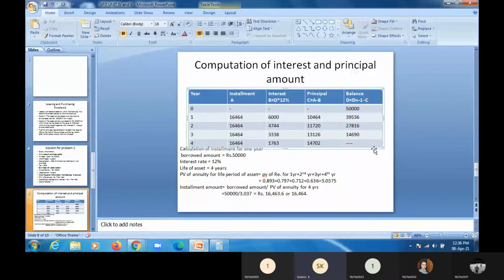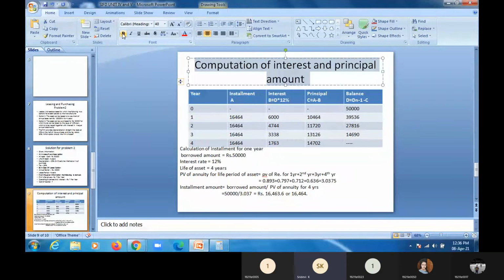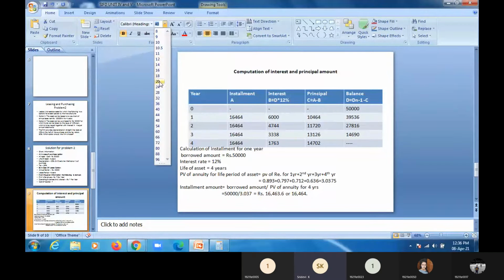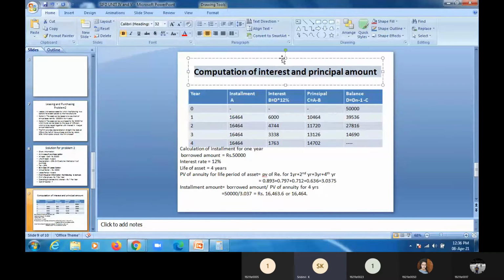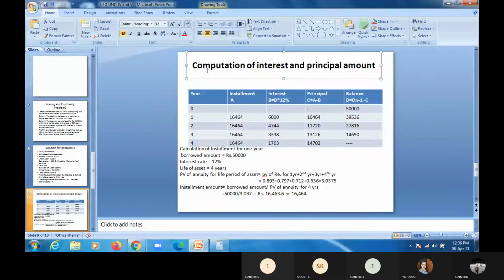So this is how you are going to get these values. Any doubt in understanding this, how to compute the interest and the principal amount? If you are not able to understand this, you cannot go further, because this is the base point where it is required. You need to find this out.